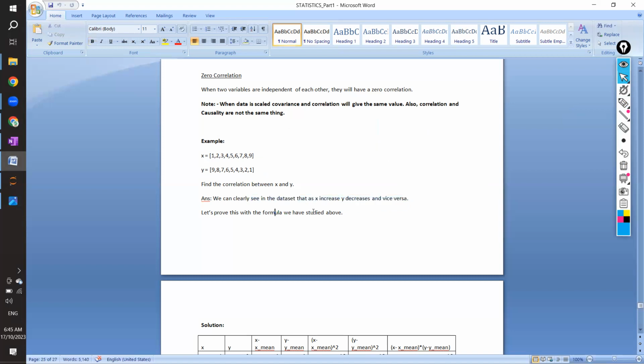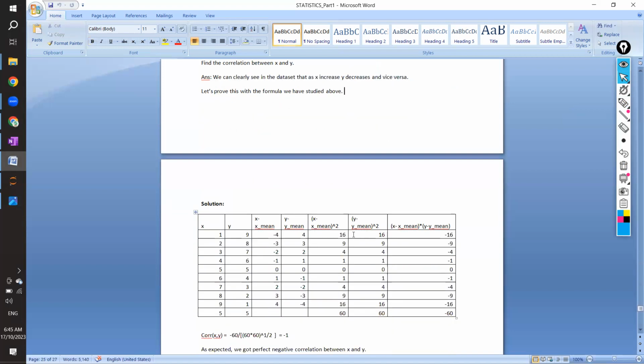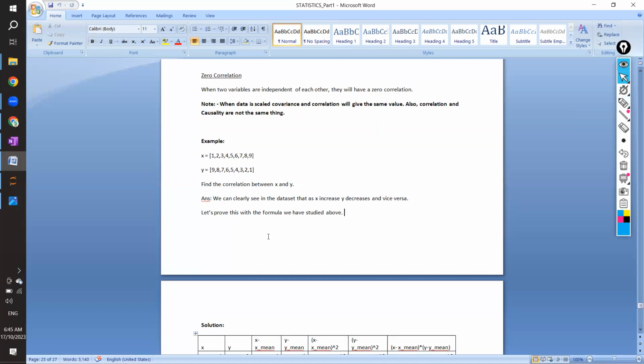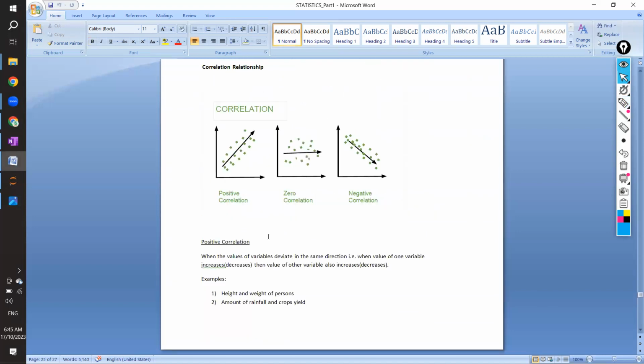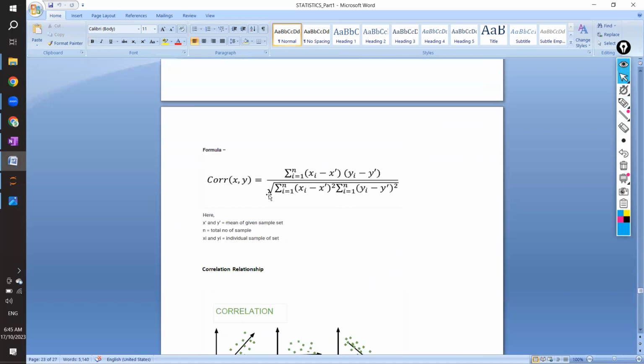Let's also prove this with the formula. As we have seen, the formula for the correlation is each value minus x bar, minus y bar, over the square root of this and so on.